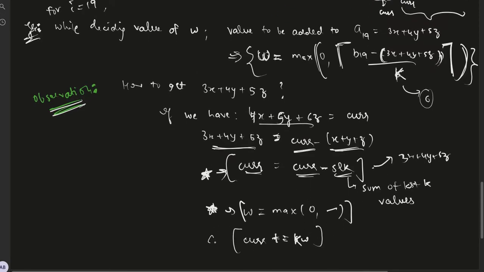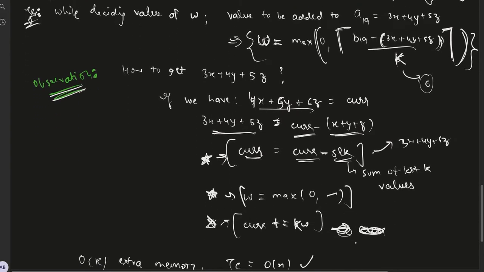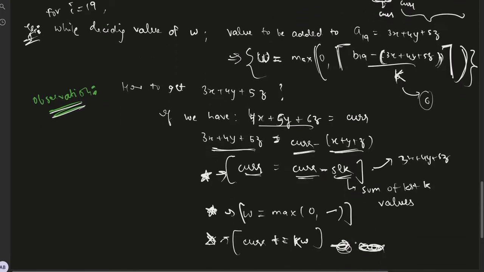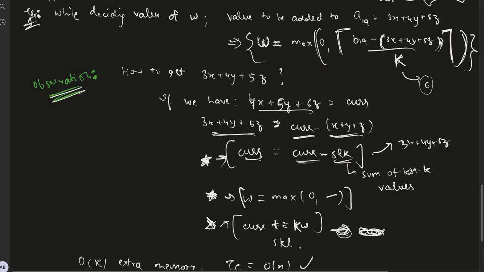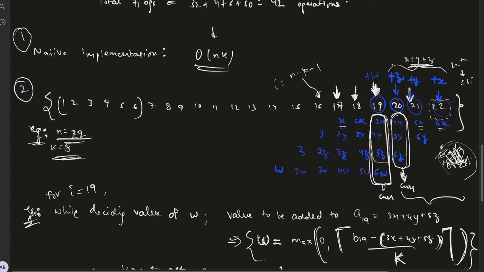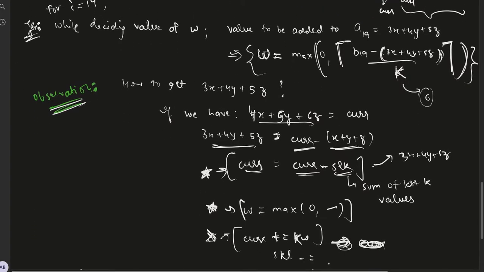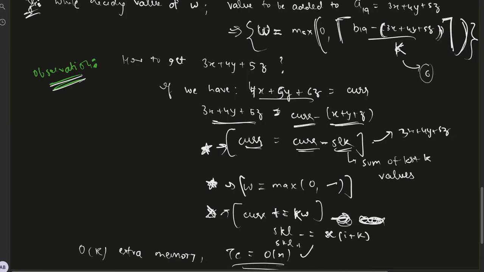This is the second update, by which we make current ready for the next step. The way we make skl ready for the next step is, let's say we store all these operations in an array called x of size n. So skl minus equal to x[i plus k], and skl plus equal to w. This is the way we update skl.